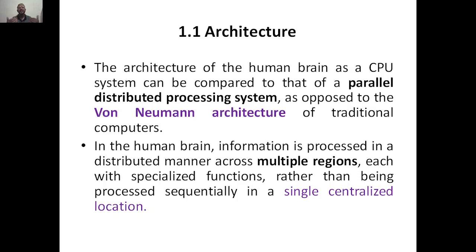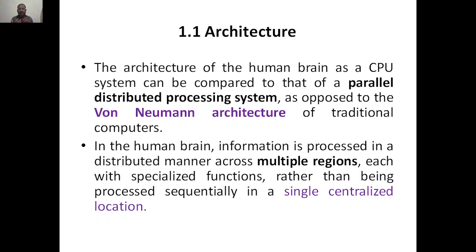That is because the processing is distributed across multiple, different regions. Every region has its particular function. That's why it is decentralized. Everything happens in a fraction of a second. There is no difference between these things.